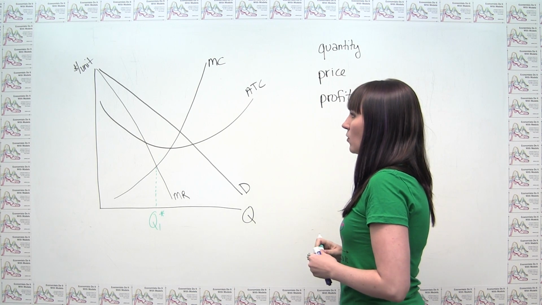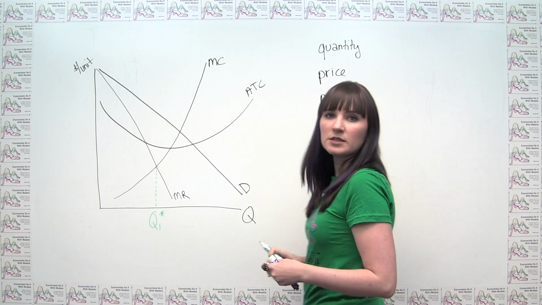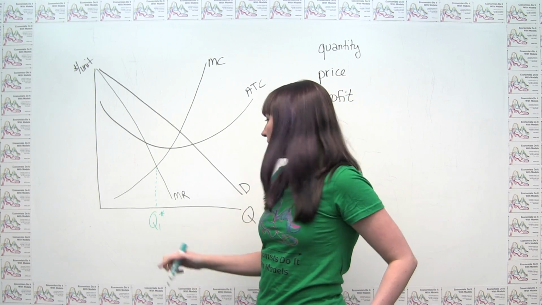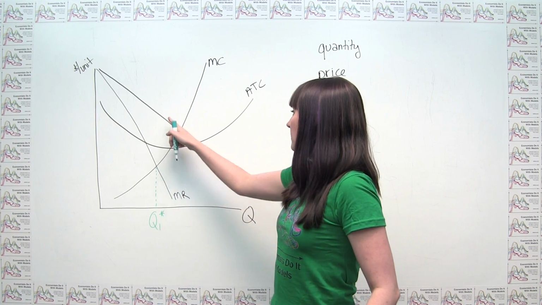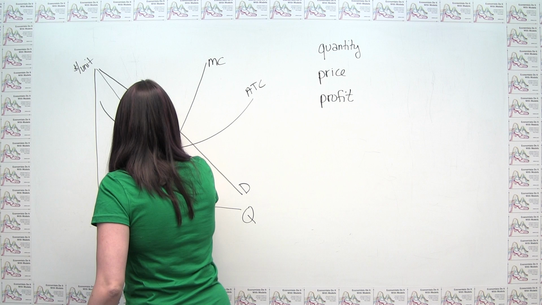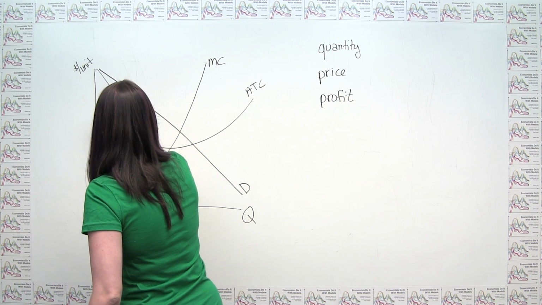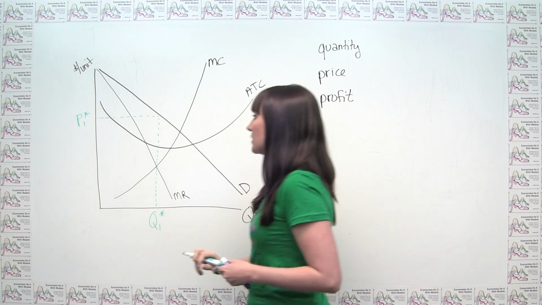And then, what price is the monopolist going to charge? Well, the monopolist is going to charge the highest price that it can so that it can sell all this output. And that's conveniently given by the demand curve. So we can just go up here and ask, what's the price we can charge such that this number of units will be demanded? We can call that P1 star.